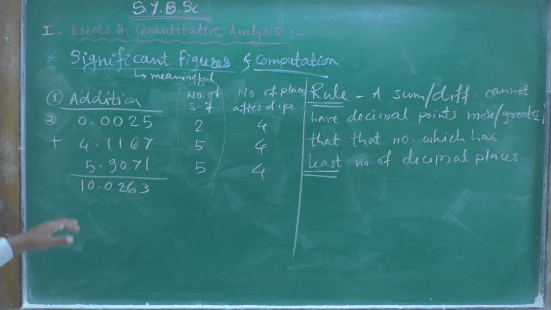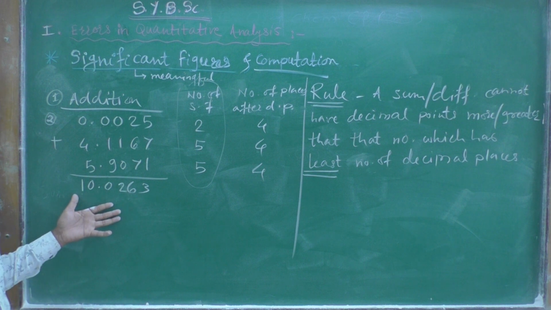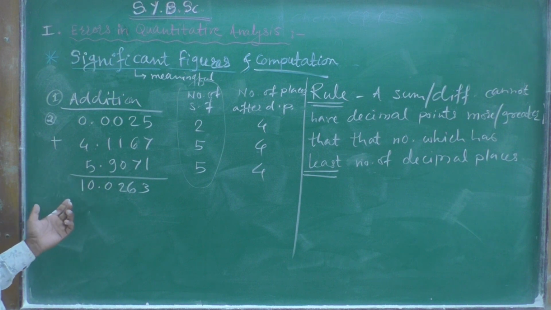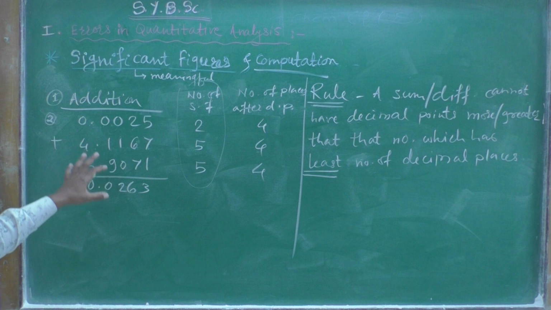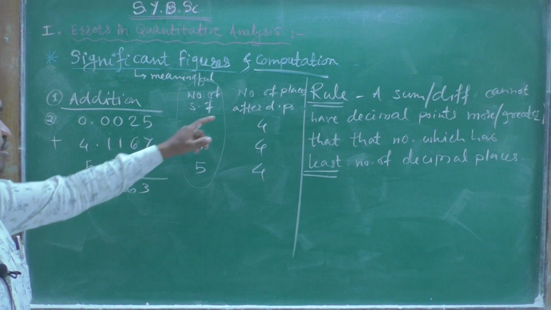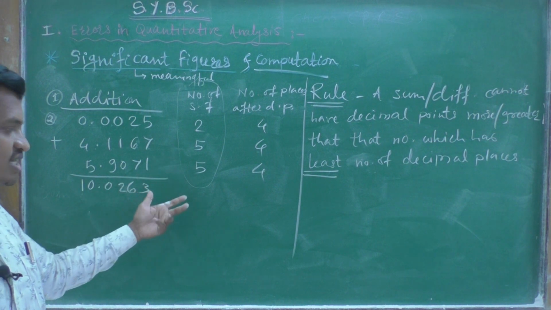Now the answer is 10.0263. In this case the number of digits before the decimal point is greater than in the given numbers. That is allowed, but the number of decimal places should be 4 here: 1, 2, 3, 4 again.